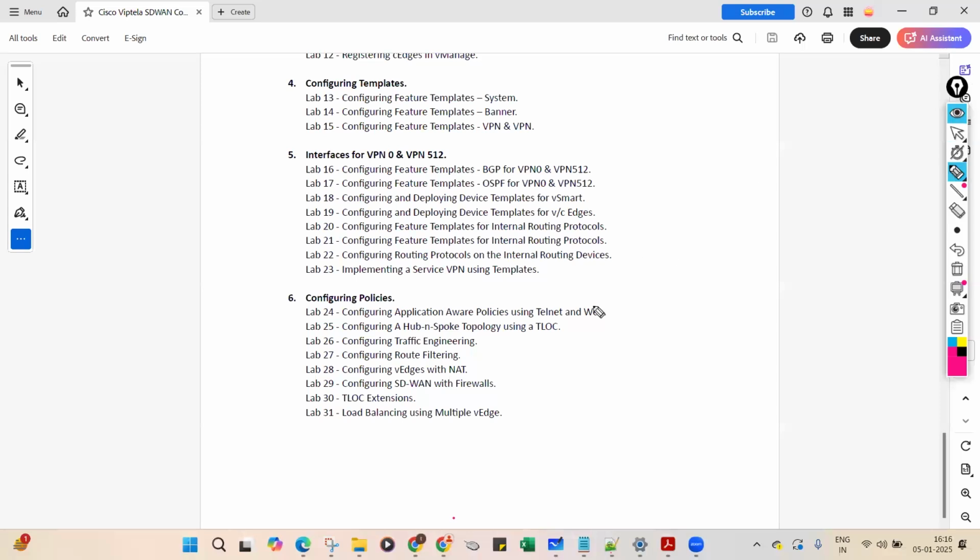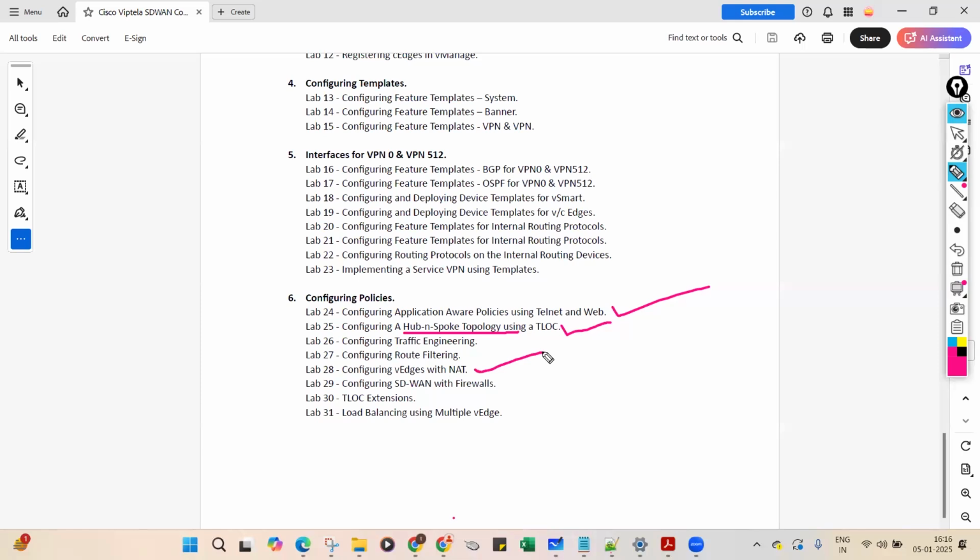The main important policies used in the industry as of now are, of course, application aware routing, and the other one is hub and spoke. Almost every client or company is using hub and spoke topology.